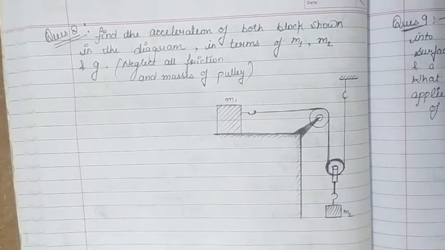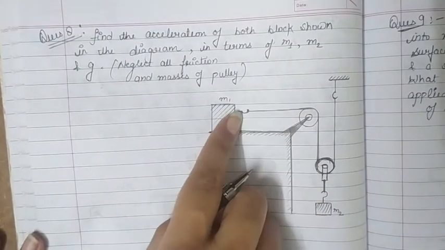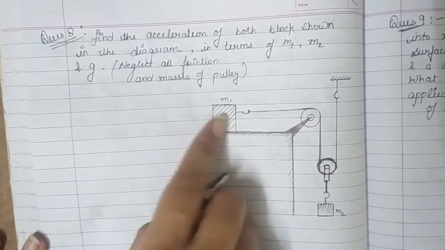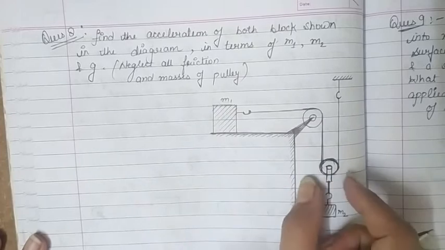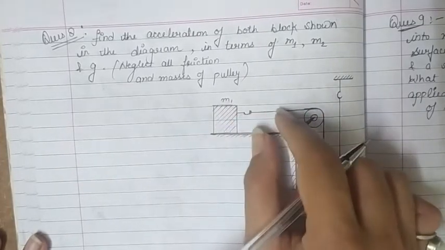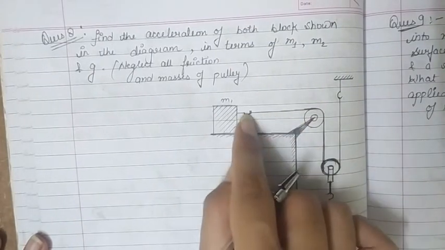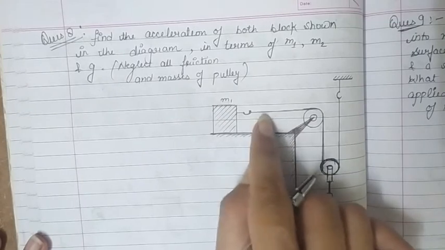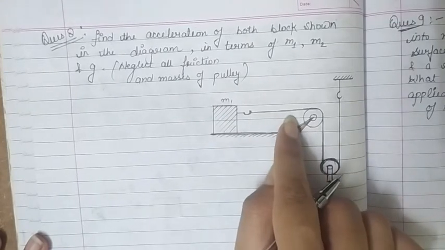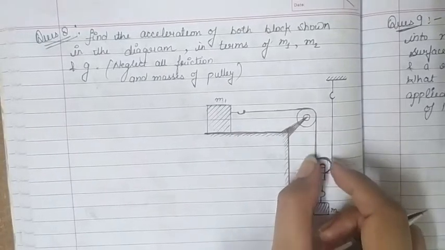Now the reason is that if we are pulling this block by 10 meters, this pulley is going upward. But this is a single rope, right? Single rope means that this rope is pulled by a length of 10 meter, but here it is divided into two sections.